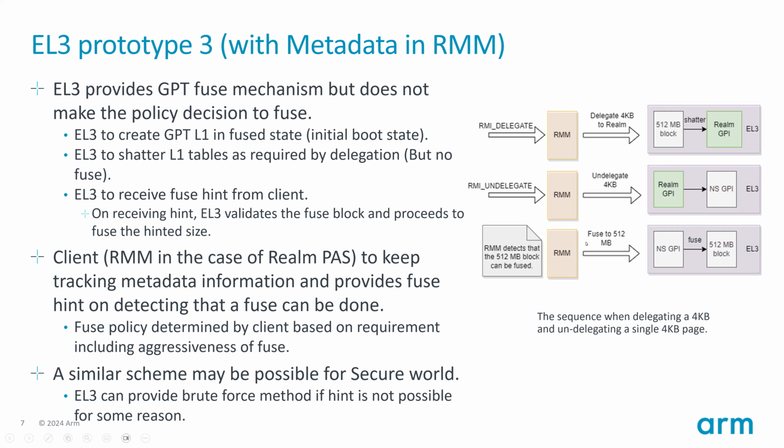So this fuse is something that, because RMM is keeping track of all the delegations and undelegations, it can detect when a fuse is likely to be successful, and then it sends this fuse hint to EL3, but this is not exposed to the non-secure client via the ABI.